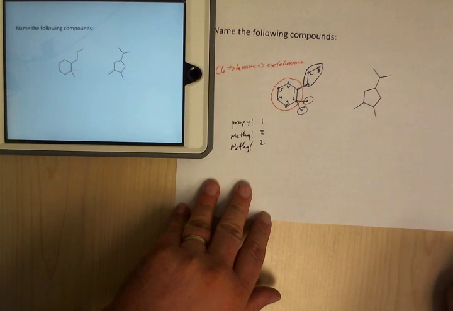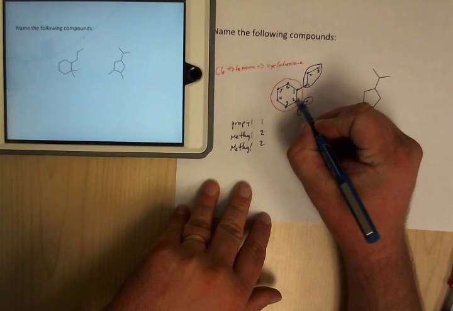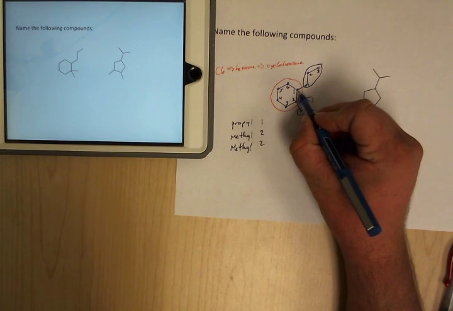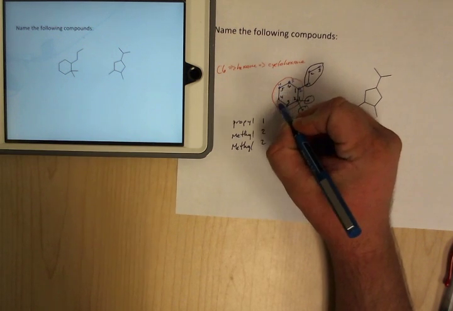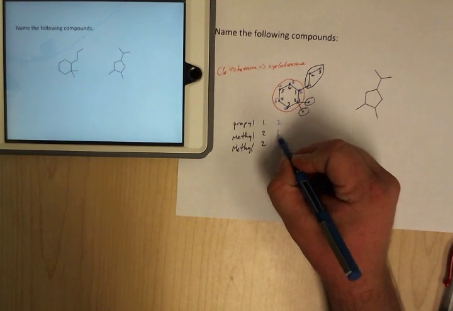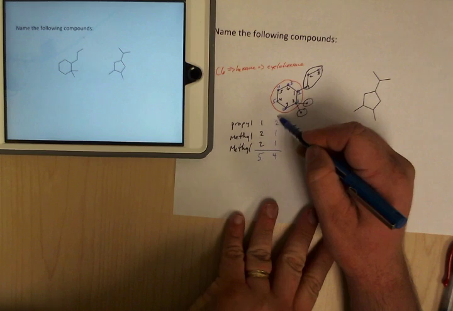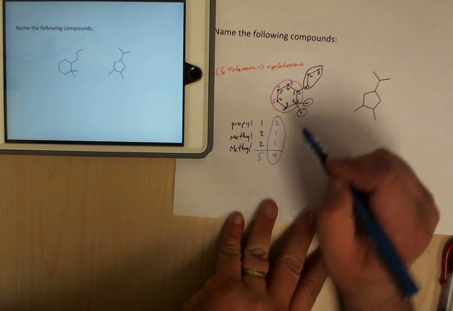But instead, if we said this is number 1, then we'd go towards the nearest neighbor. That would make this 2, 3, 4, 5, 6. So that would make this 2, 1, 1. You add them up: this is 5, this is 4. The smallest number set is this one.